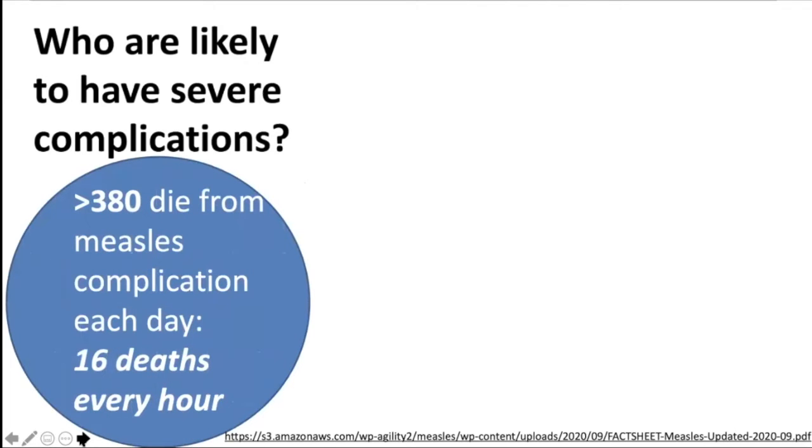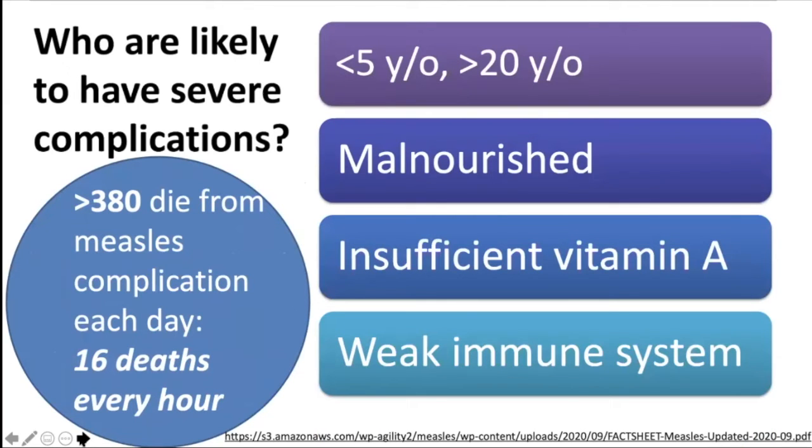It is estimated that more than 380 people can die from measles complications, so that's around 16 deaths every hour. And complications of measles are most common among children aged under 5 or adults, and also those with malnutrition, vitamin A deficiency and a weak immune system.